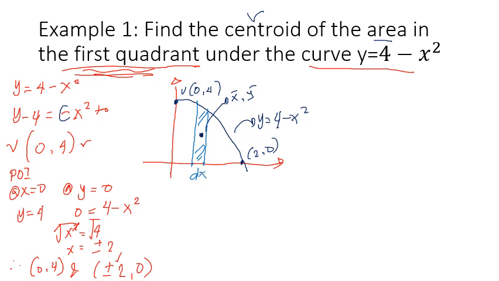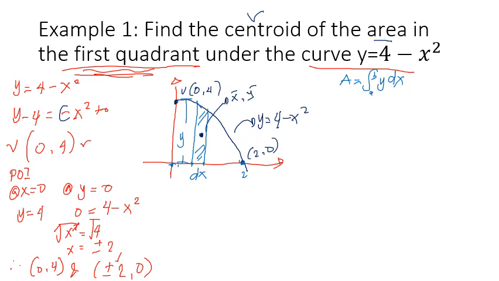The distance from the upper part of your strip to the bottom part is equal to y. So to get the area, this is equal to the integration of y times dx, and then we will run that area from your lower limit a to the upper limit b, where our a here is 0 and the upper is 2.